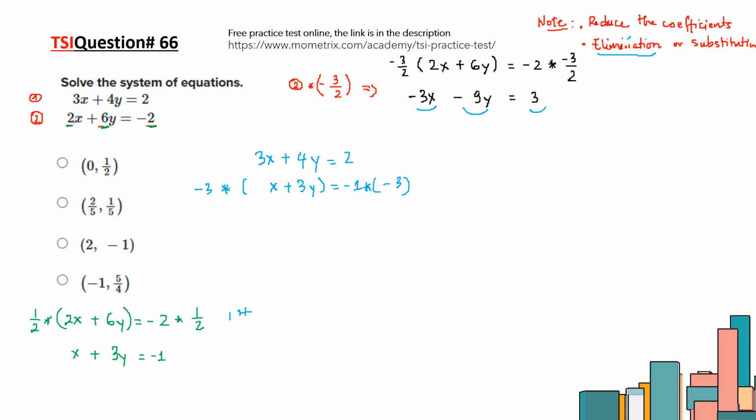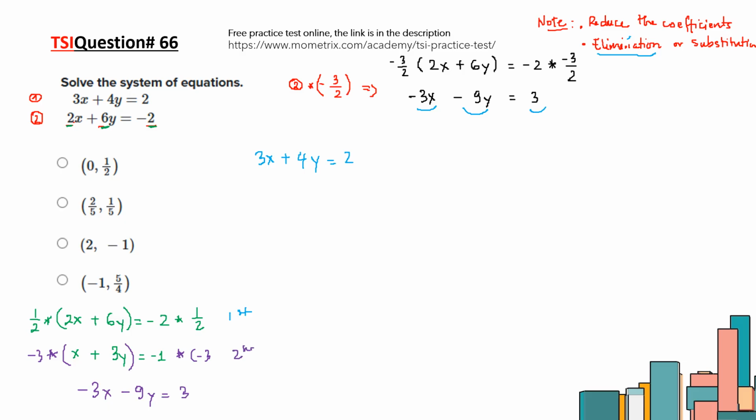So we understand that. Let's iterate this one and then use what we did. Let me write it out here so you can have a note. From here you multiply both sides by negative 3 to do the elimination, and then you will have negative 3x minus 9y equals positive 3.